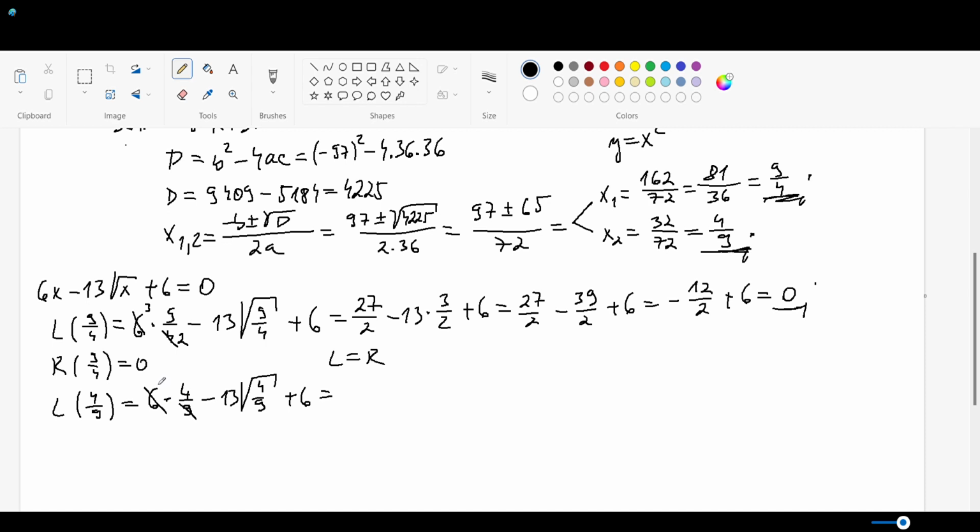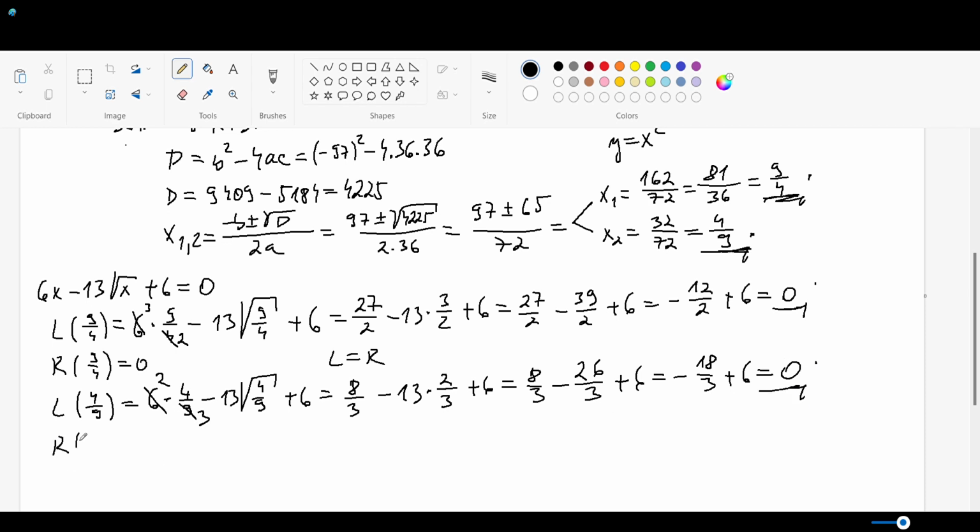The common divisor is number 3, so this is going to be 2, this is going to be 3, so it's going to be 8 over 3 minus 13 times 2 over 3 plus 6, which is equal to 8 over 3 minus 26 over 3 plus 6, which is equal to 8 minus 26 is, I'm sorry, negative 18 over 3 plus 6, which is equal to 0.